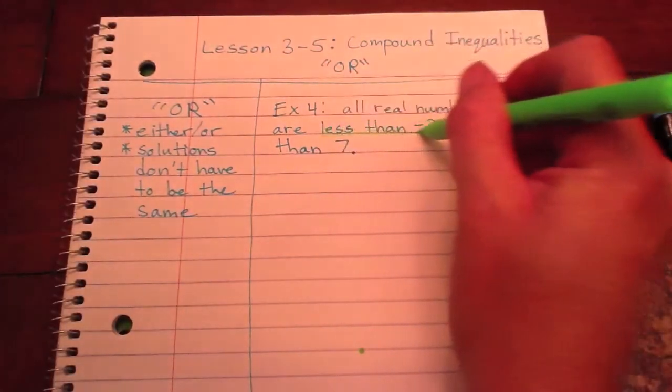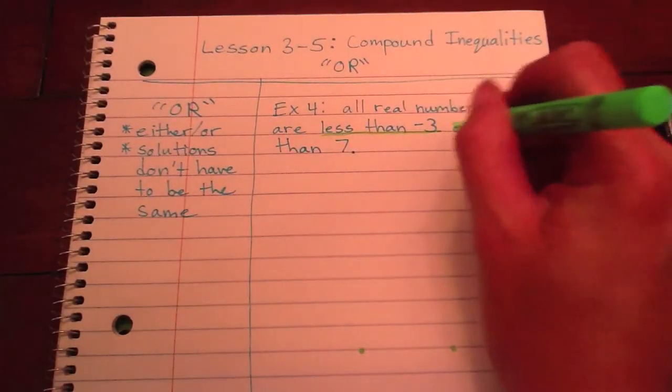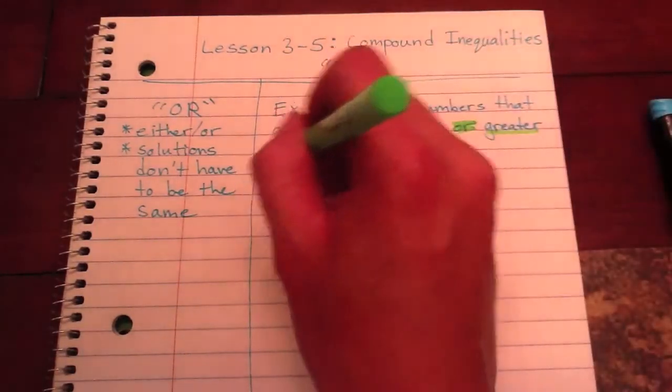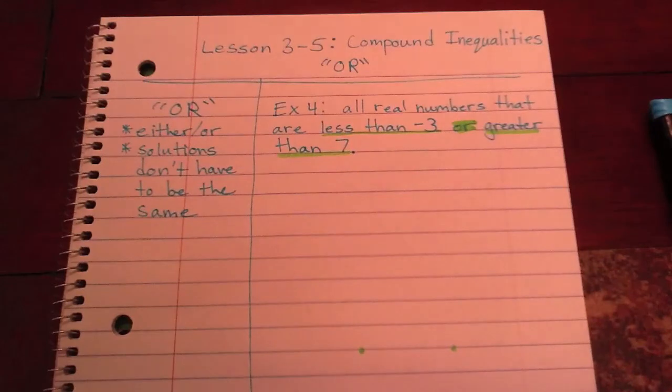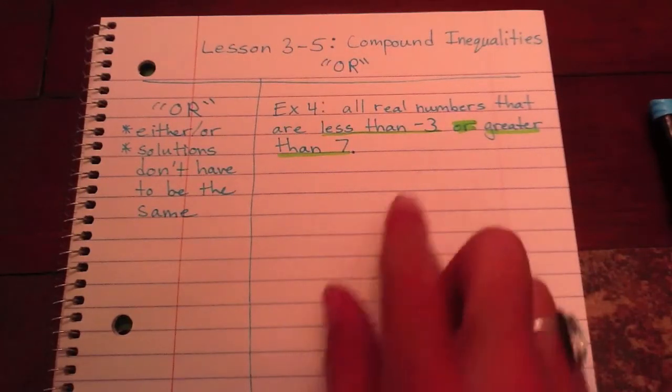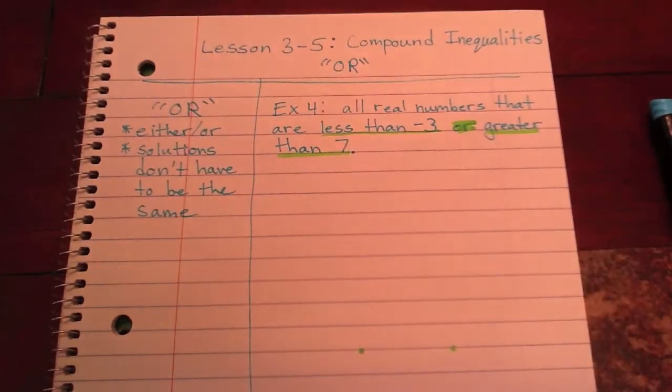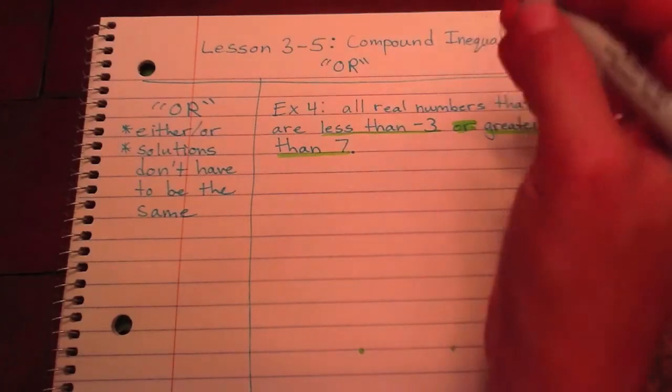Less than -3, or is a keyword because it tells what kind you're going to set up. Greater than 7. And the word or is going to tell you that you're just setting up two separate inequalities. One that shows less than -3 and one that shows greater than 7. So I'm going to set this up just like I have been in the past.